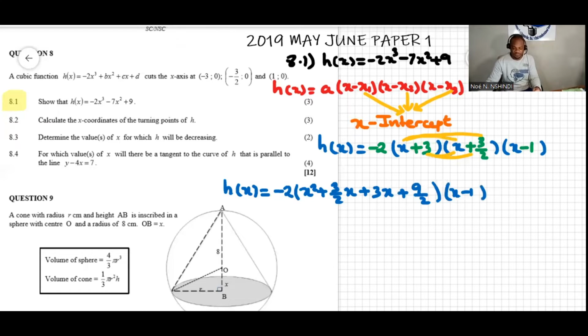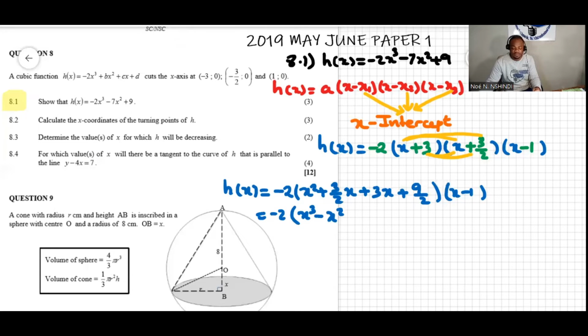Now we're going to do the same thing, meaning we're going to take each term here times x, and then times negative 1. Negative 2 will be here outside the bracket. Now x squared times x makes x cubed. x squared times negative 1 makes negative x squared.